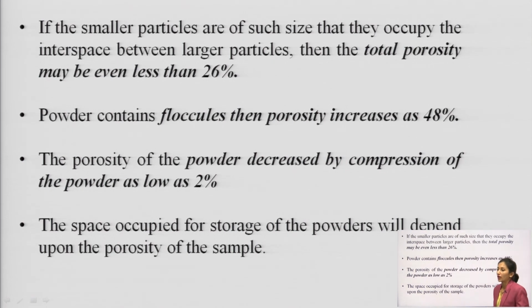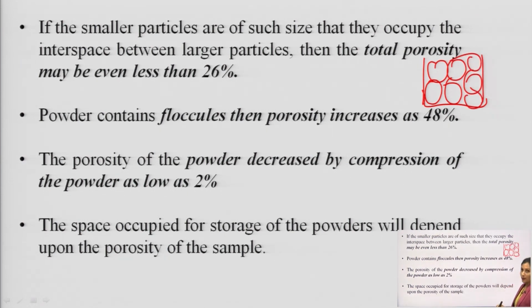If the smaller particles are of such size that they occupy the interspace between larger particles, then the total porosity may be even less than 26%. If there is a mixture of powder particles, this means polydispersed particles. So, what will happen when we pack this polydispersed powder in a beaker, in any container like this?